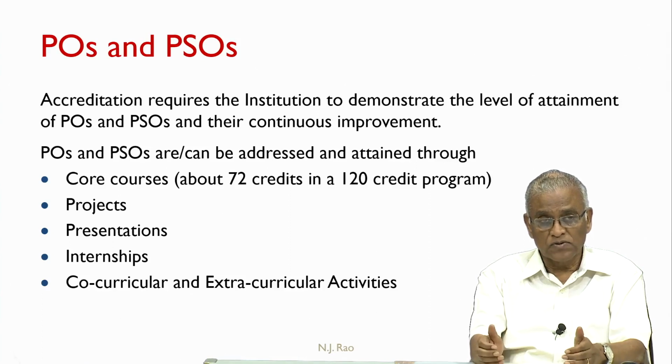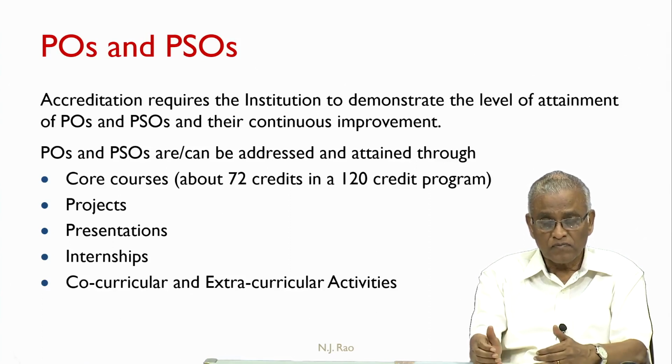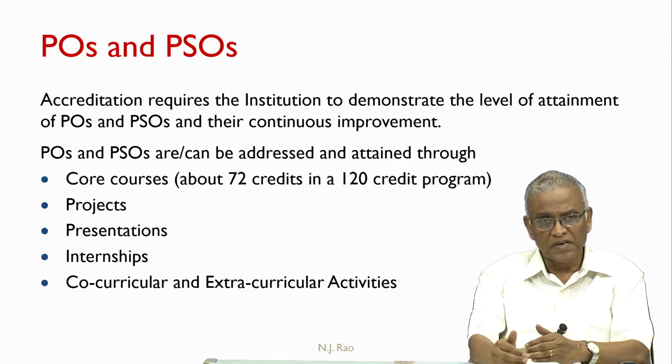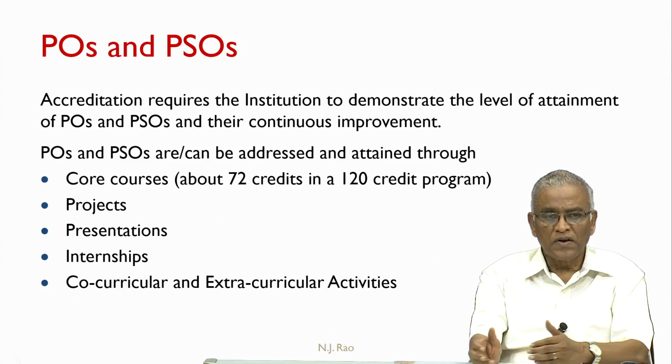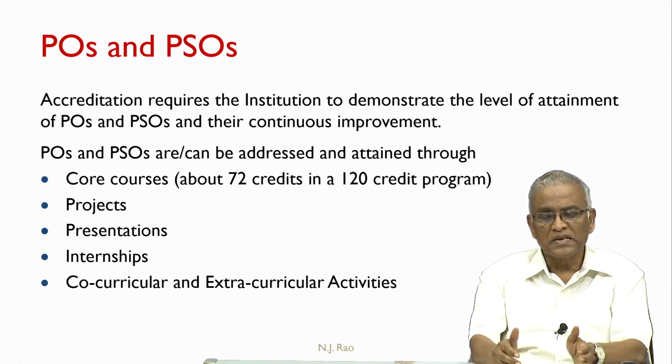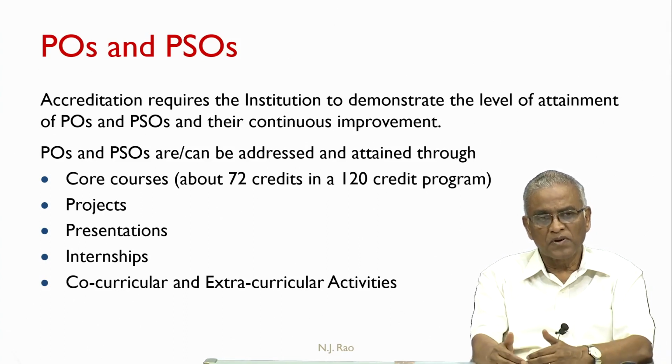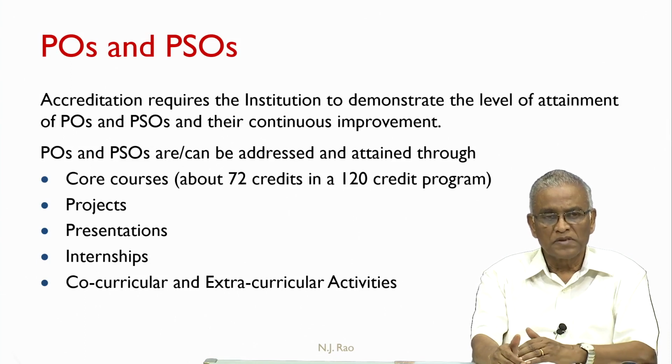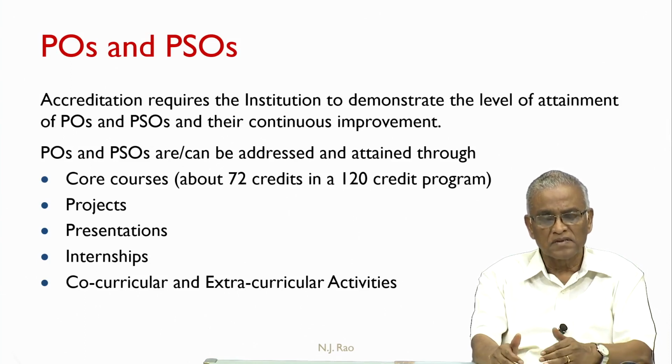POs and PSOs can only be looked at after a batch of students completes the 3-year program. So you have to compute the POs and PSOs over the period of the program, and the students' performance in all courses and activities should be integrated together to find out to what extent the POs and PSOs are addressed and attained.